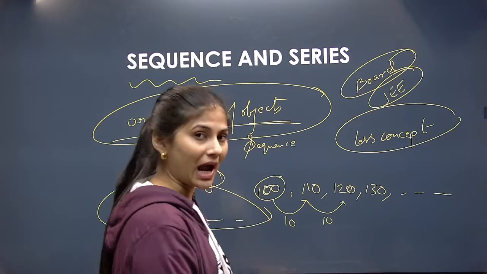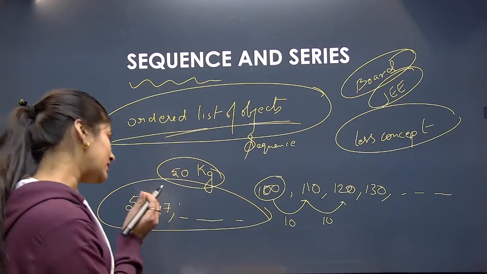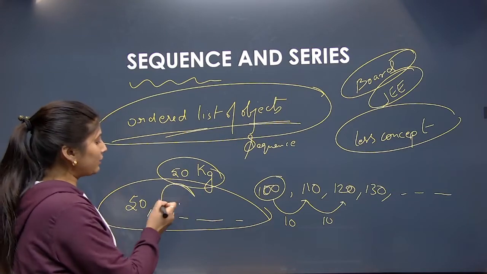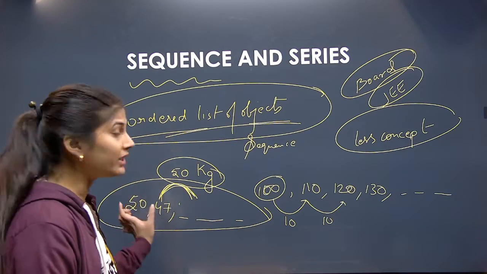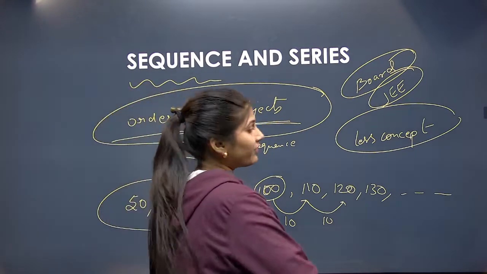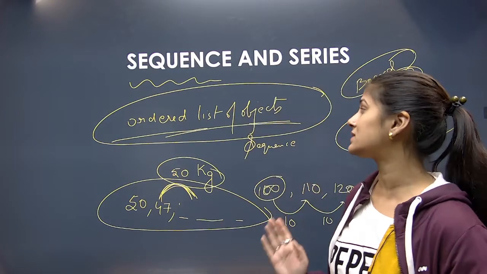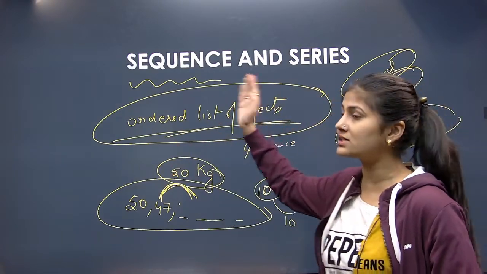It is a pattern. Every time we are decreasing 3 kg. So in this sequence also we cannot replace any two consecutive terms. Every term is identified, isn't it? So this is the basic idea of a sequence. In simple words, it is an ordered list of objects.